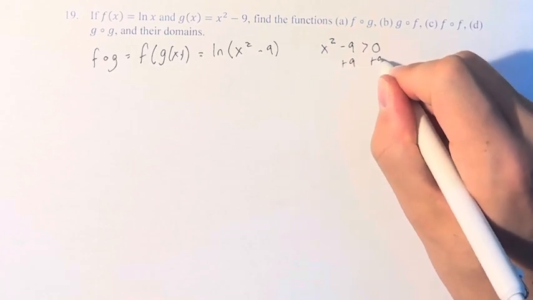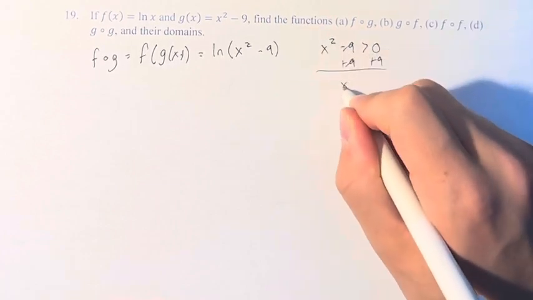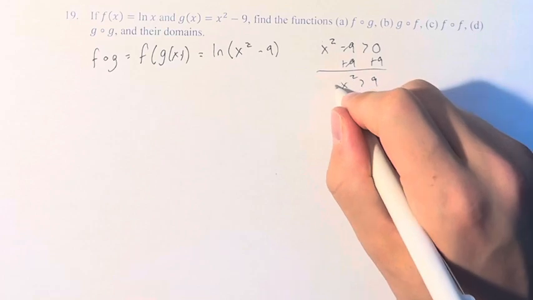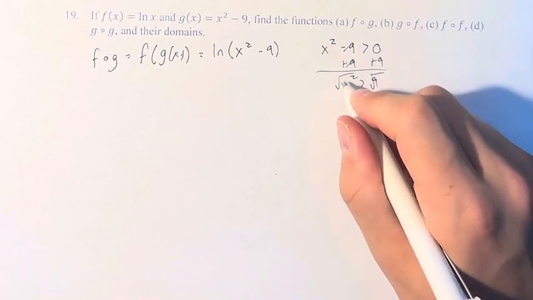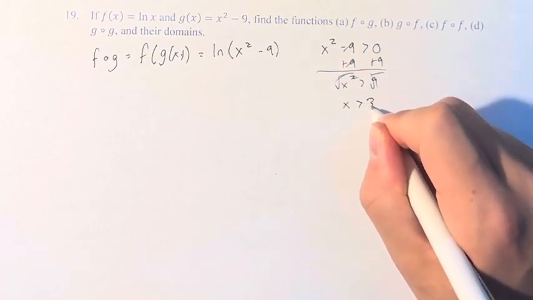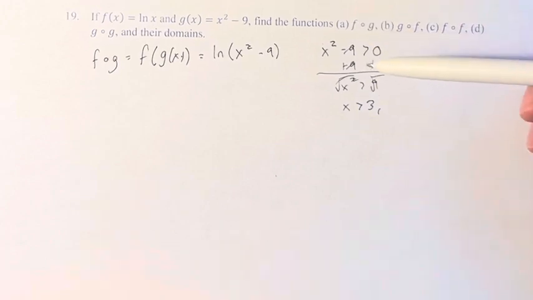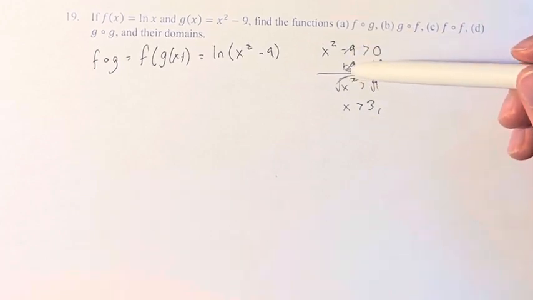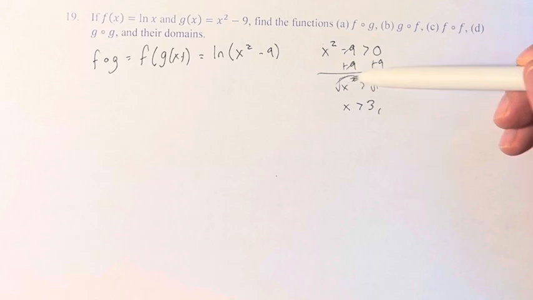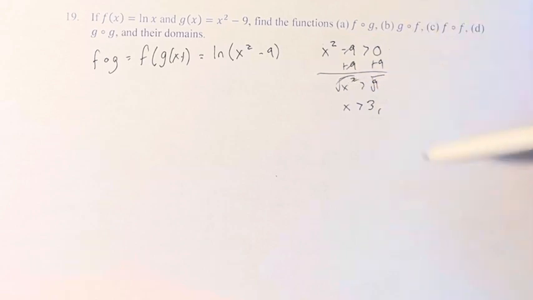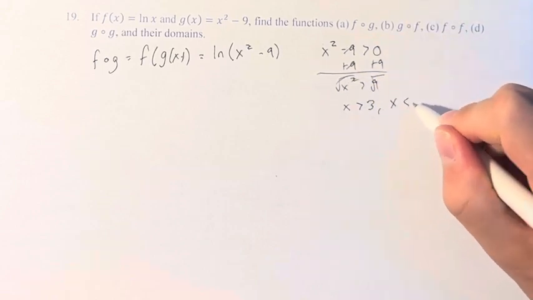So adding 9 to both sides, we get x squared is greater than 9, taking the square root. We therefore get that x is greater than 3. And we just have to have also the negative version of that, because negative numbers squared can also be greater than 9. And that just has to be x is less than negative 3.